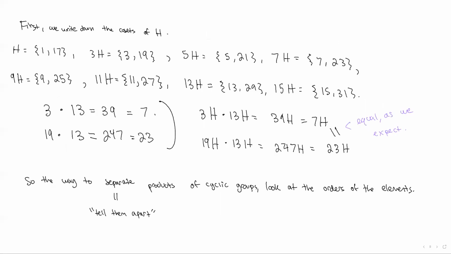Okay, now let's look at our elements and figure out which one we have. Let's look at 3H. 3H squared is 9H, which is not equal to H because 9 is not an element of H. What about 3H to the power of 4?